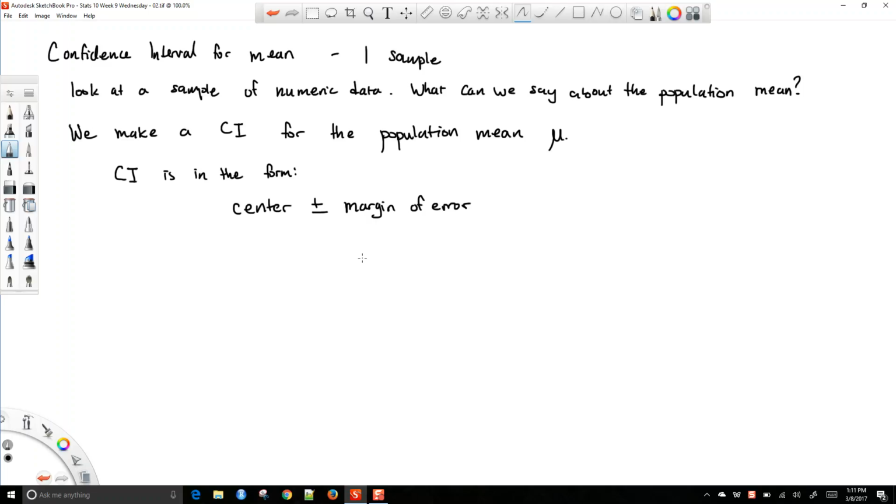Okay? The center is our best guess for mu based on our sample. What would our best guess for the population mean be based on our sample? Okay, not a trick question, it's the sample mean, x bar. Okay. Sample mean, this is our best guess for mu based on our sample.